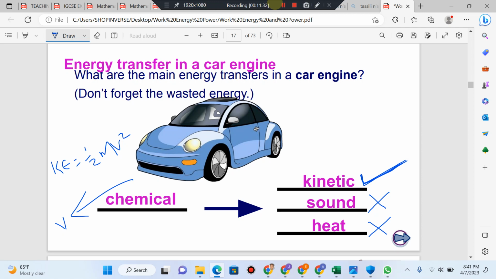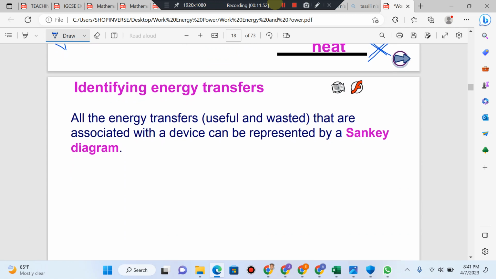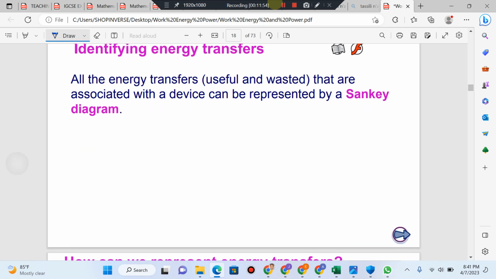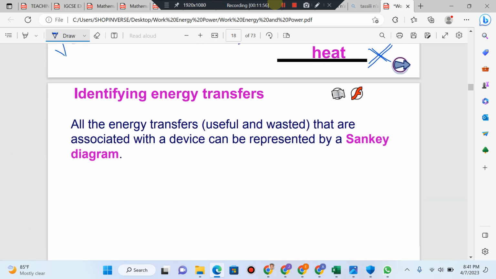The heat is undesirable when it's a sunny day and everywhere is hot. We do not need the heat produced by the engine. So the heat is wasted energy. The sound is also wasted energy. So that is what happens in the case of a car.